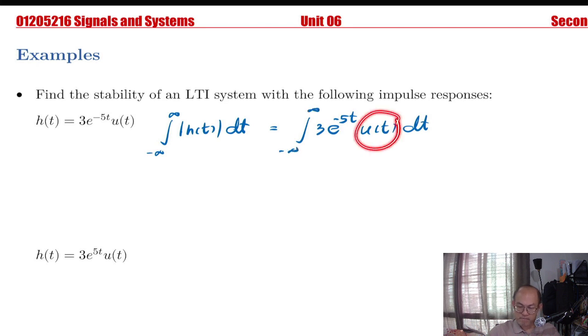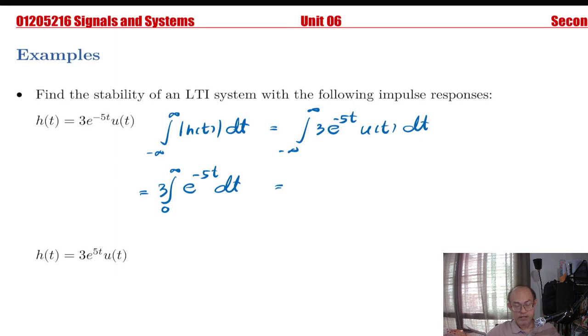But because of the effect of u, when t is negative, the whole thing will be 0. So we simply have to replace the lower boundary with 0, right? So we have integration from 0 to infinity, and over this interval u is 1, so we can drop u. So we have 3e to the minus 5t dt.